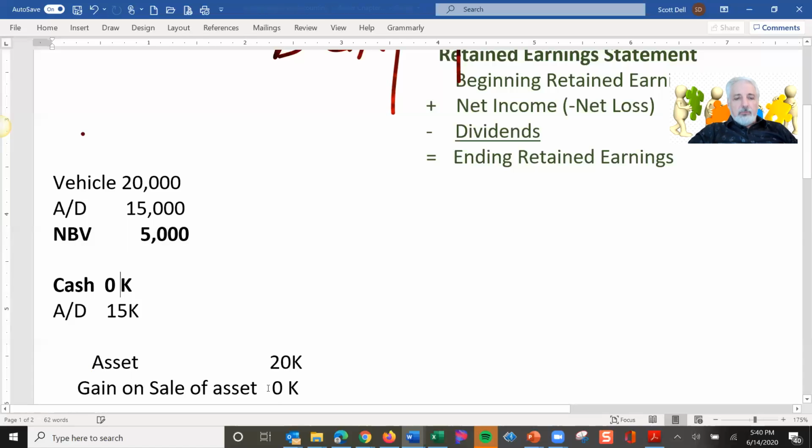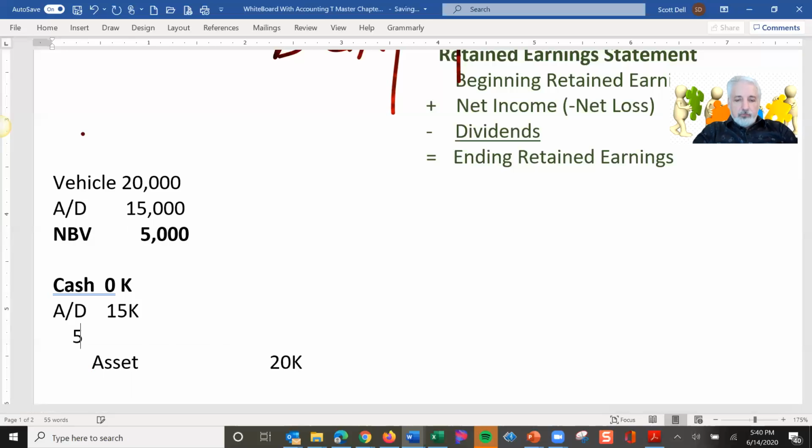Well, now I've got to balance it the other way. Instead of a $5,000 credit or a zero credit or debit, I have to debit here $5,000. And you can see the book value is 5 and I got zero cash, so I have a loss on sale or disposal of assets.